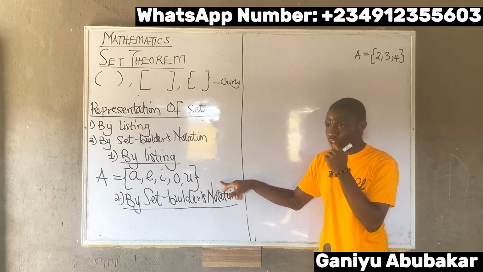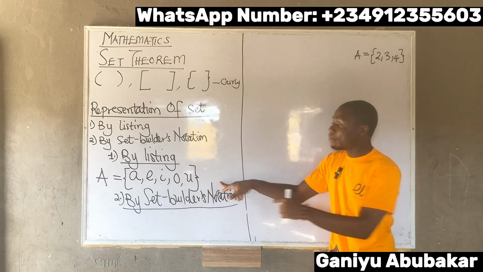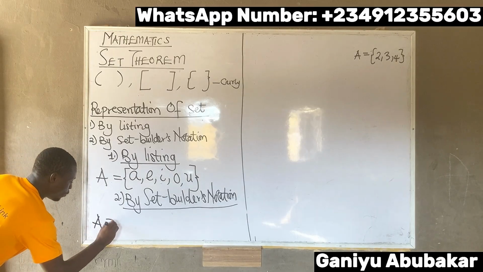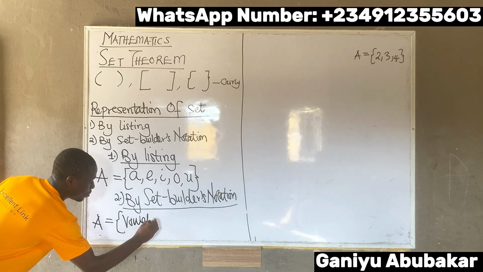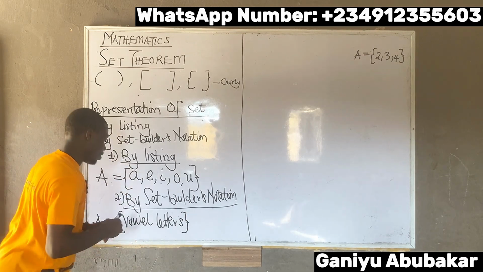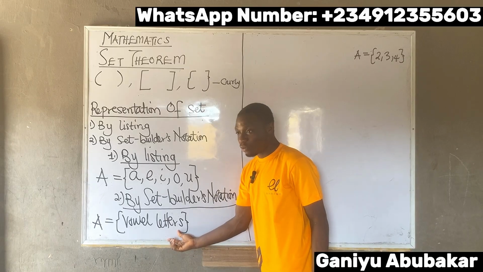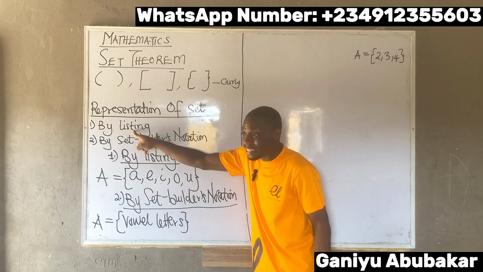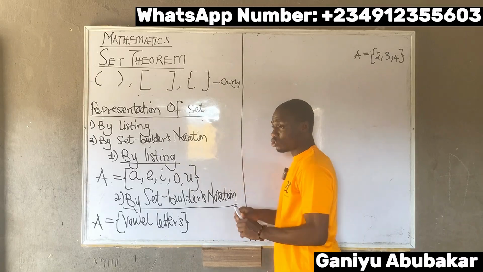Using that same example, given a set A equal to the vowel letters, by set builder it is written as set A equal to the vowel letters. I have described it, I didn't write it out. This is by listing, and this is by set builder.